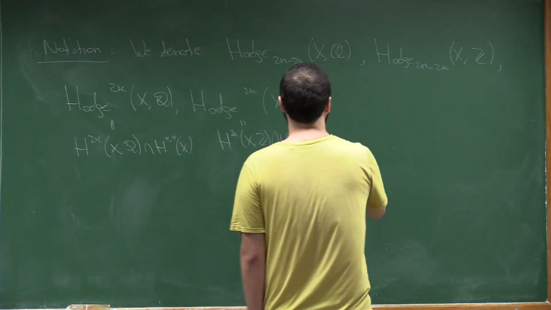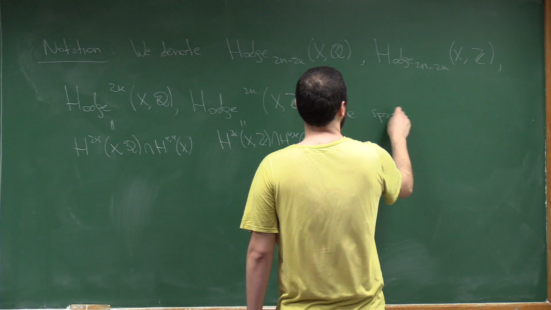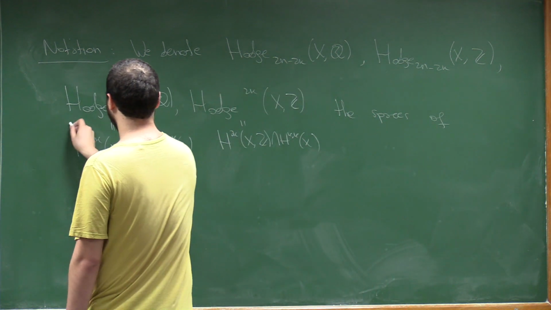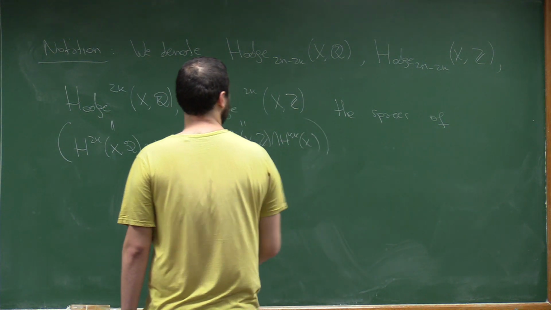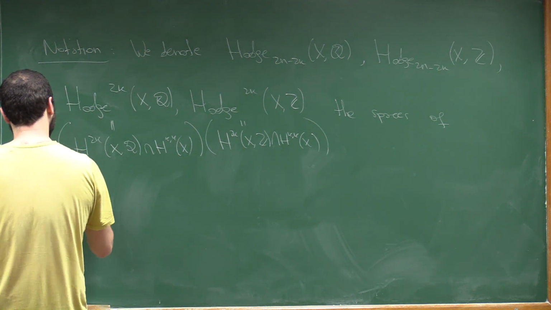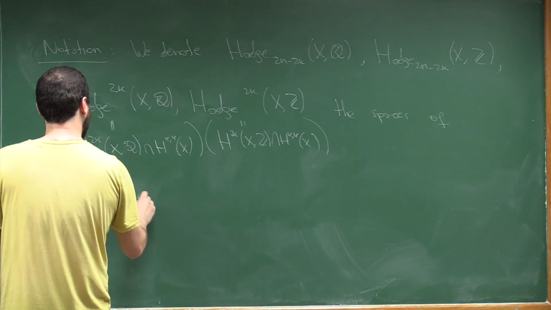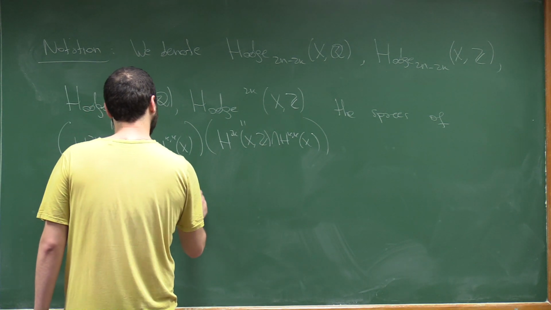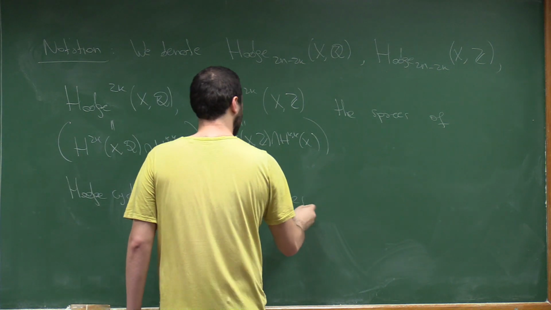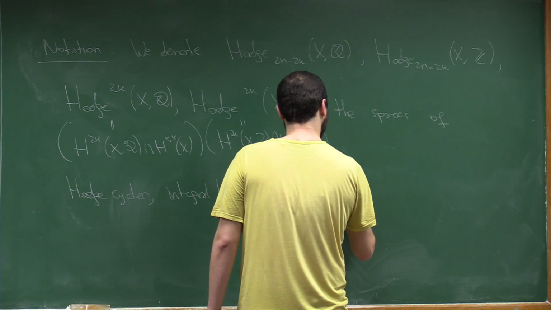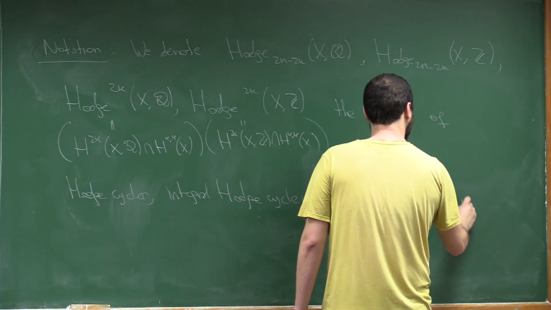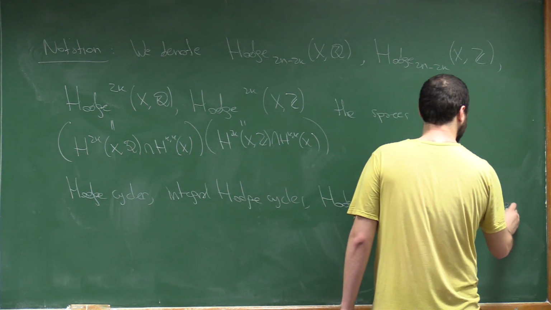So these are the spaces of Hodge classes and integral Hodge classes, respectively.